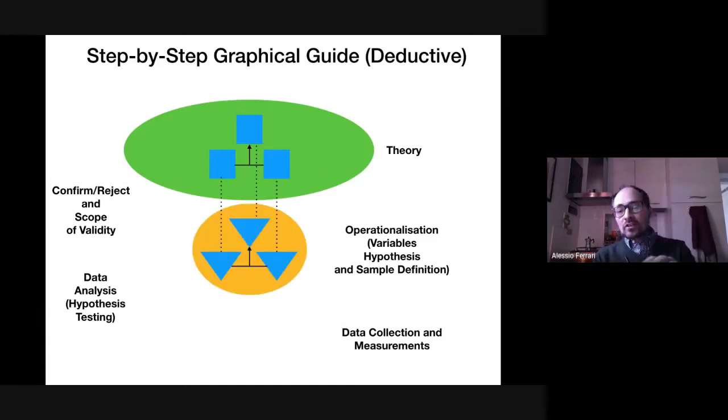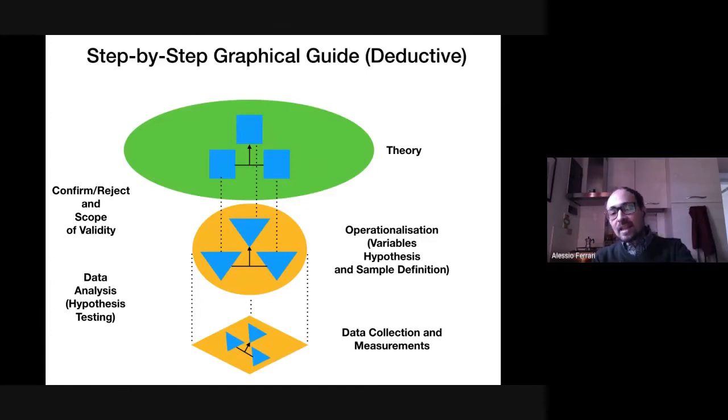I operationalize the variables, and I identify my hypotheses, which are basically the representation of the propositions in terms of concrete variables. And I identify the sample. You already see that this sample is smaller than the context of the theory. I'm still somehow in an abstract space, but closer to reality.